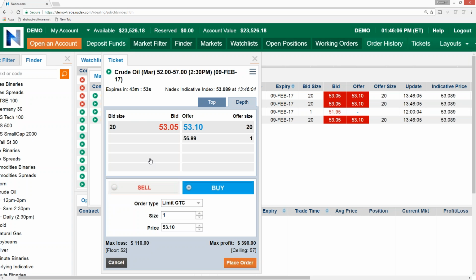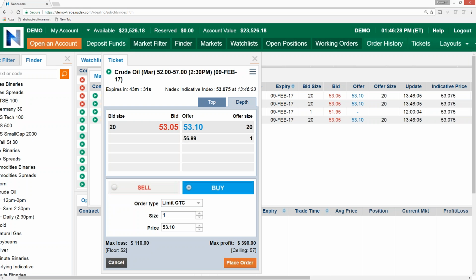Now I wouldn't expect the market to rally $4 by the end of the day to 57, so I would manage this with profit targets above here somewhere. But what's nice about this is that if the market slams lower, I know that it will never settle below $52.